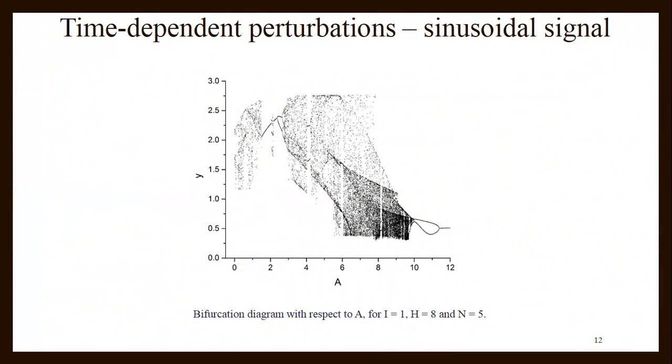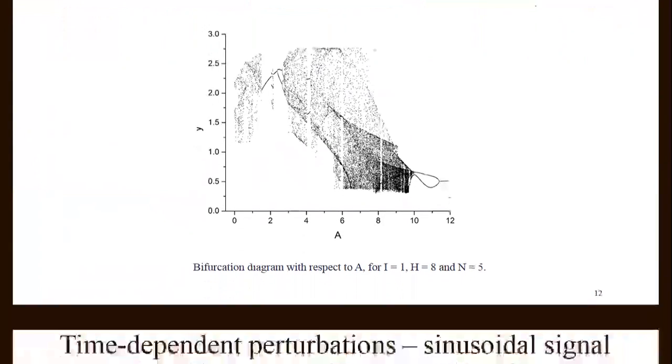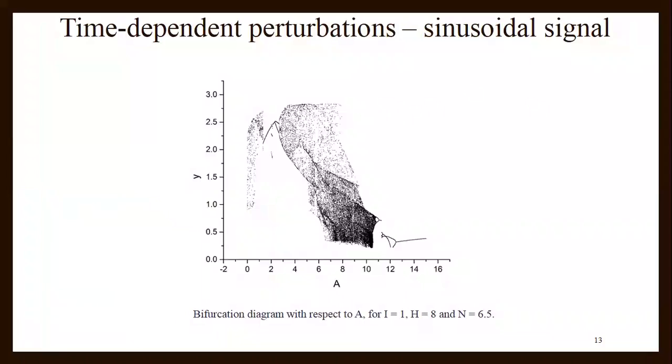This is another case where I equals 1, eta equals 8, and n equals 5. And this is a third case where I equals 1, eta equals 8, and n equals 6.5.